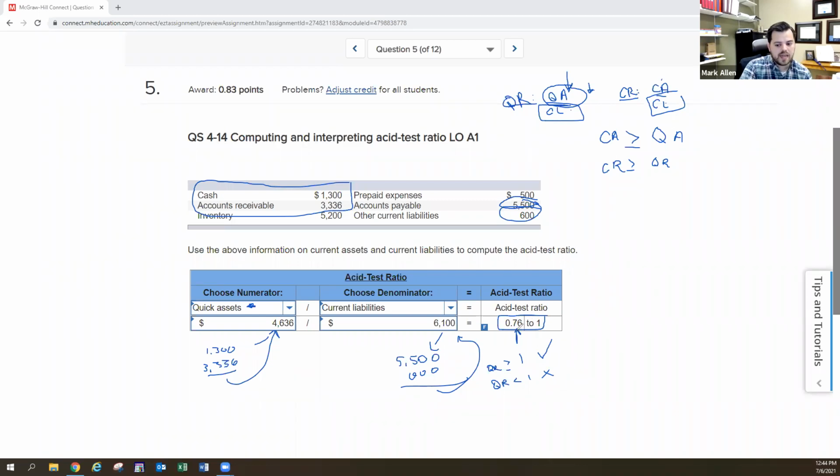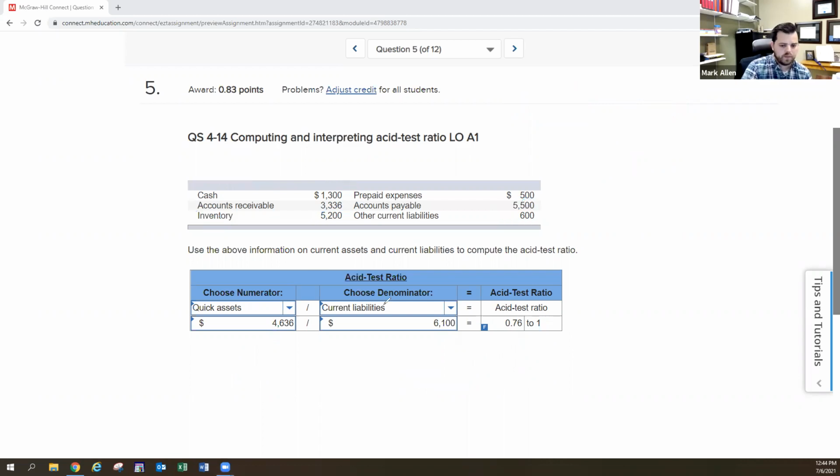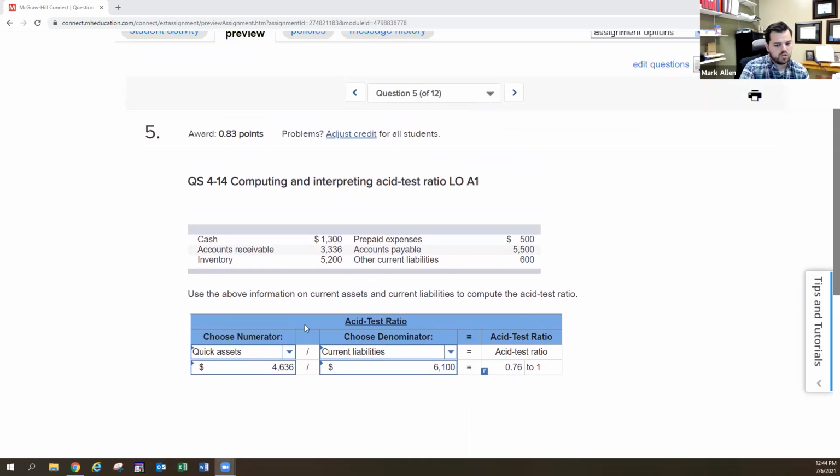Because it indicates that unless I'm able to sell some of these non-liquid assets, I'm not going to be able to pay my bills, right? Now, if my company primarily does sell a lot of inventory, maybe that's not something I'm that worried about, right? But it is worth monitoring. And this also is very good because it punishes companies who try to build up their inventory to some massive level to keep that cost from hitting the income statement.